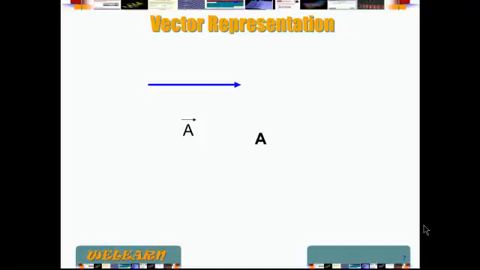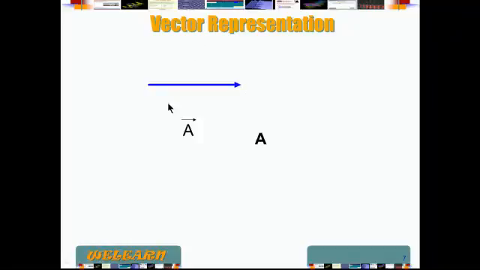How do we represent a vector? In a diagram, graphically, we represent it by an arrow like this one here. The length of the arrow is a measure of the magnitude. The direction along which it's pointing is the direction of our vector.